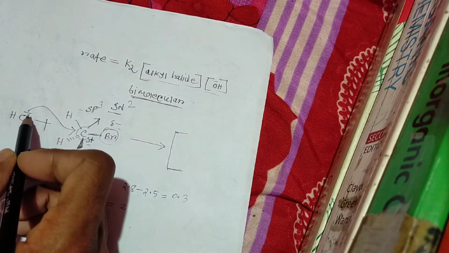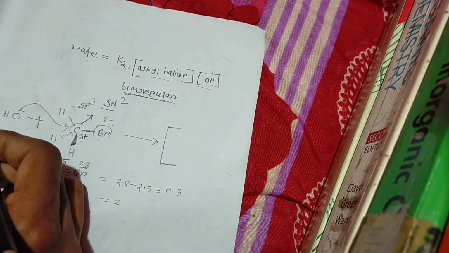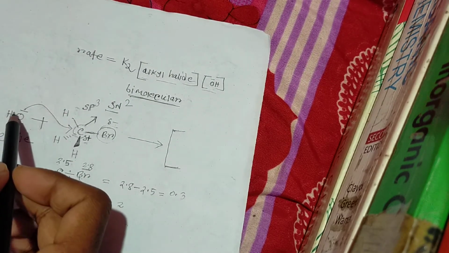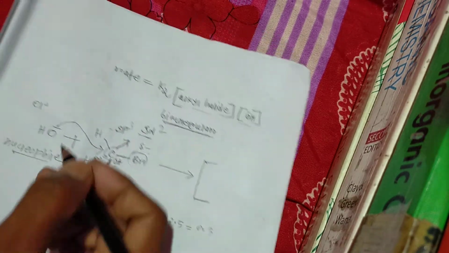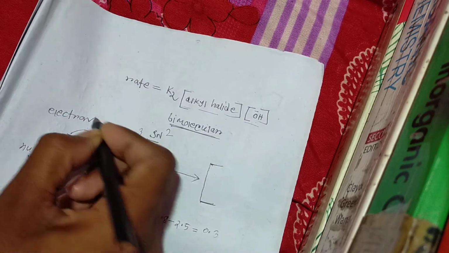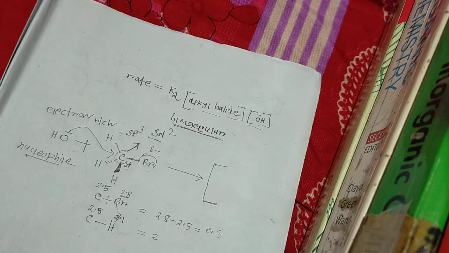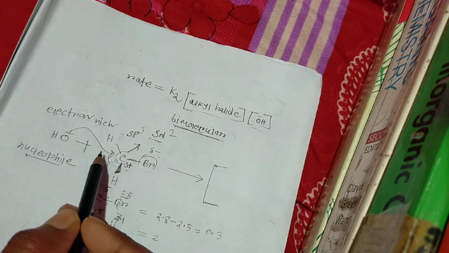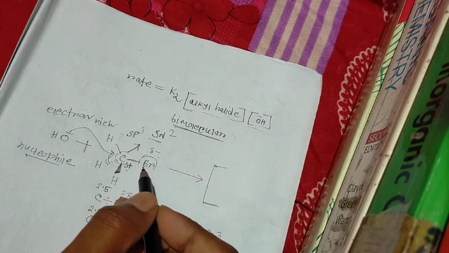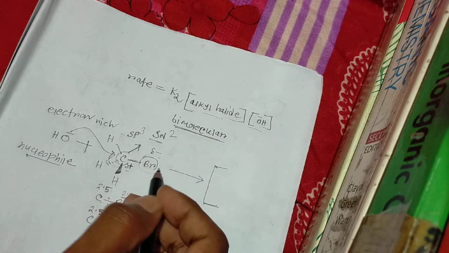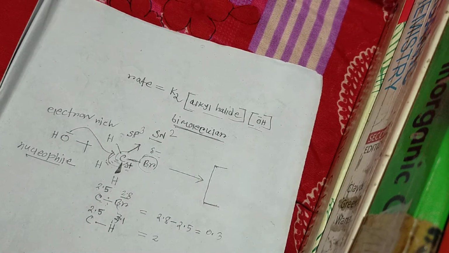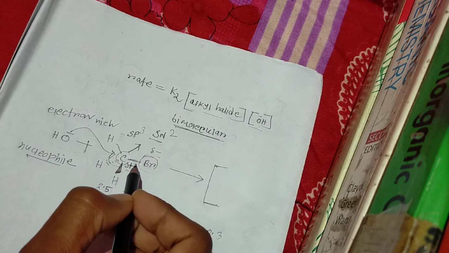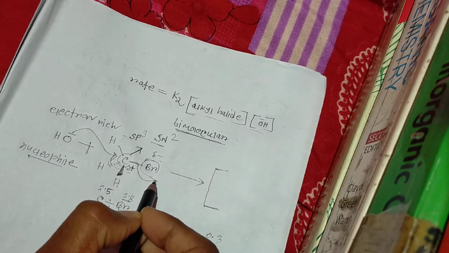When OH minus, the nucleophile, which is electron rich, attacks the electron deficient carbon center, then due to the electronegativity of the bromine atom, and as bromine is a good leaving group, when OH minus pushes its electrons towards carbon, bromine is removed.